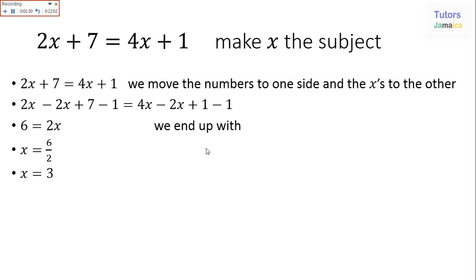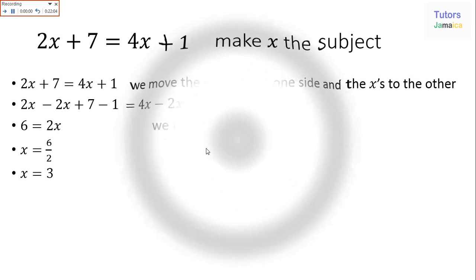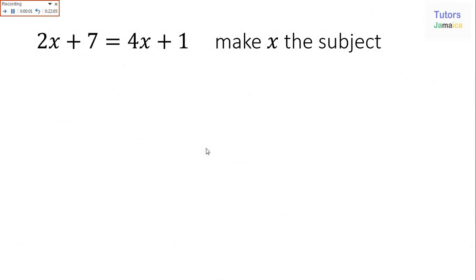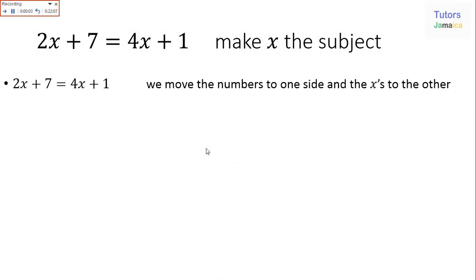So let's look at this another way. Alright, so we start back with our same equation. So we move the numbers to one side, x's to the other side, and we're going to do this in one step again. But this time, instead of subtracting 2x, we're going to subtract 4x from both sides. And then instead of subtracting 1, we're going to subtract 7 from both sides.